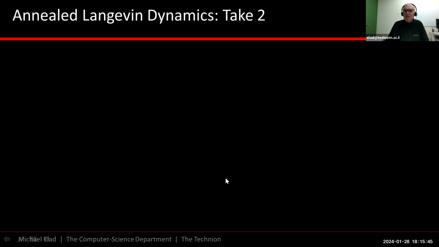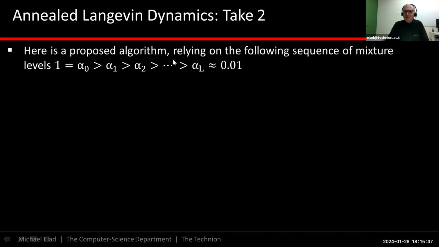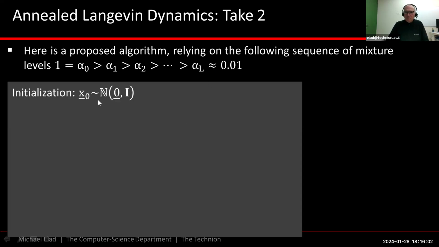And now let's see the algorithm. Annealed Langevin dynamics takes 2. So you have a chain of alphas that go from 1, where you start from the real image, and end with nearly 0 value. Why not 0? Because of the score function that doesn't know how to work with 0 values. And here's the algorithm.